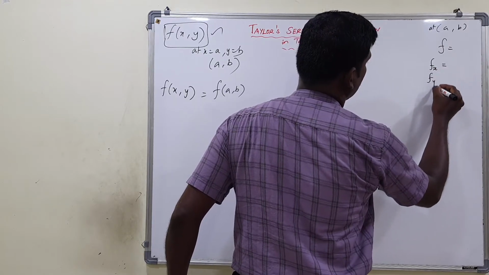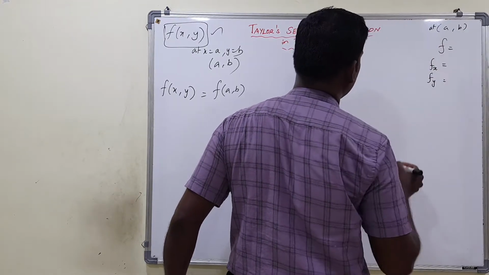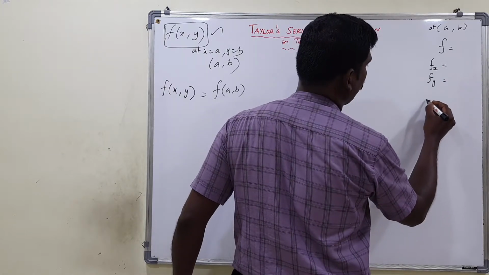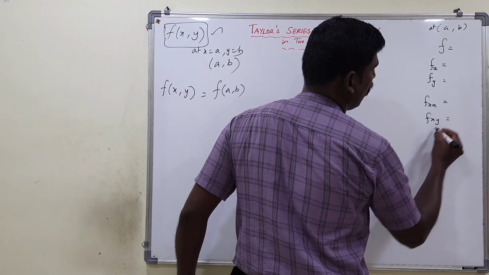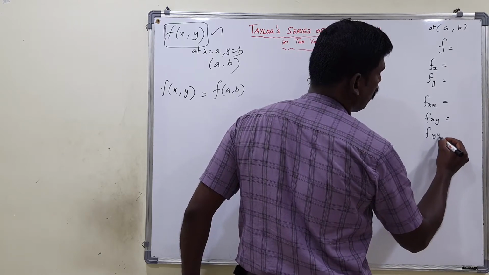fx and fy at a comma b. And what are the second order partial derivatives? f double x, f x y, and f double y, isn't it?